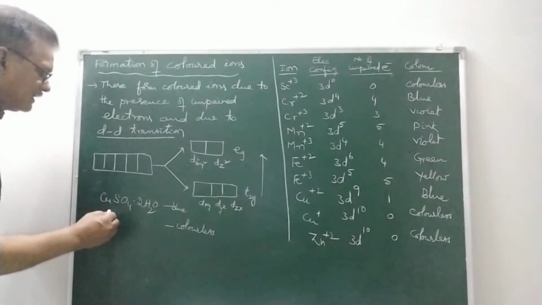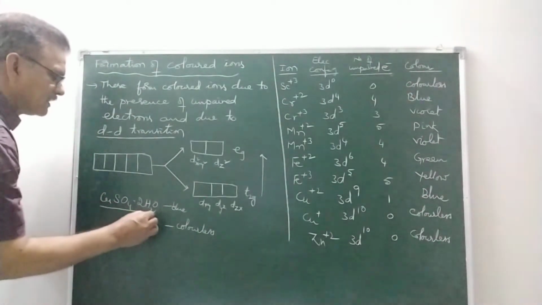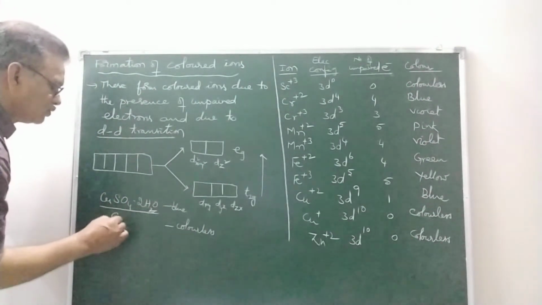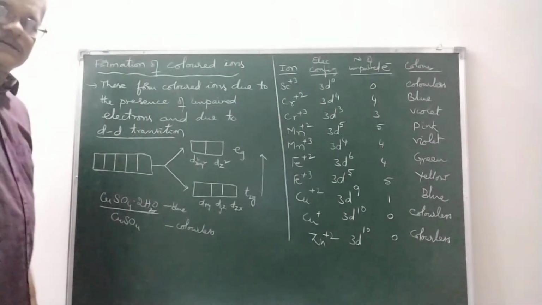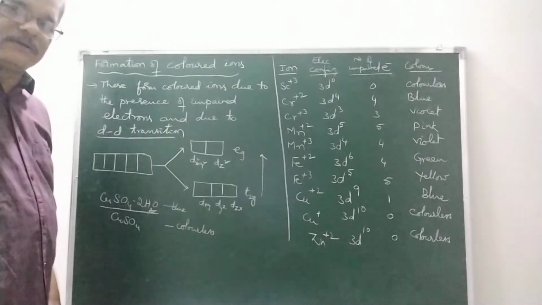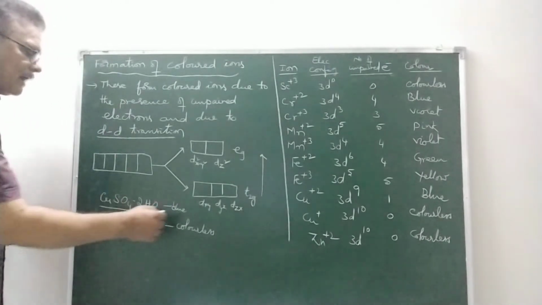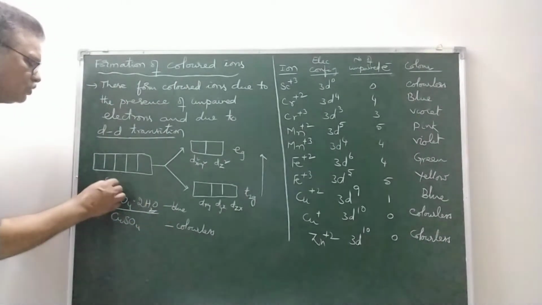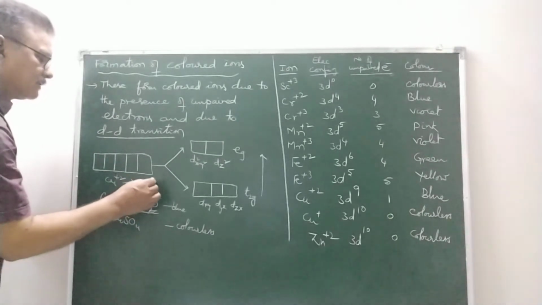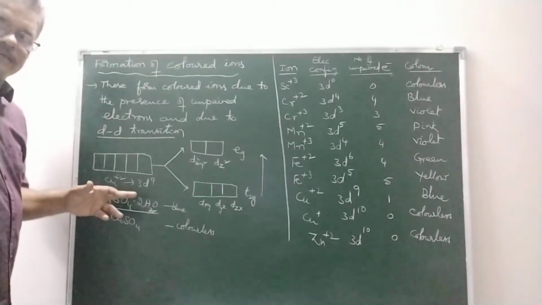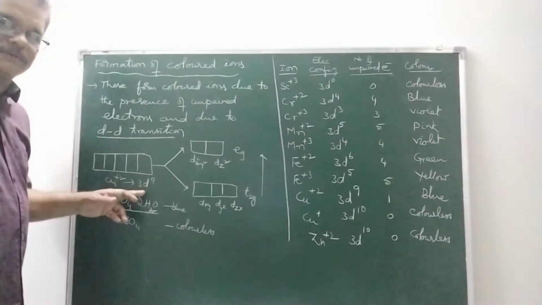Because when heated, hydrated copper sulfate converts into anhydrous copper sulfate. Here in hydrated copper sulfate, Cu is in +2 state. That means it contains 9 electrons in D sublevel. One unpaired electron is present.